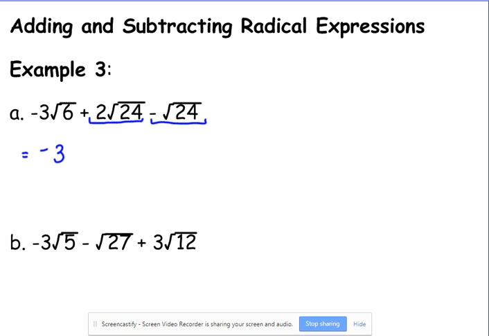Let's do that. Let's go ahead and put those square roots together. So we have 2 square roots of 24 minus 1 square root of 24. So that means overall we have a positive 1 square root of 24. Now, can we simplify the square root of 24? Yes, we can. Okay, it's divisible by 4.